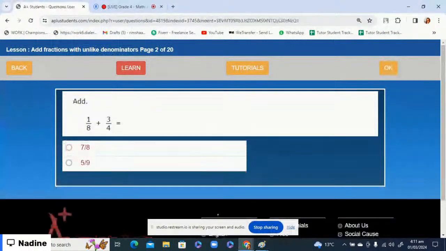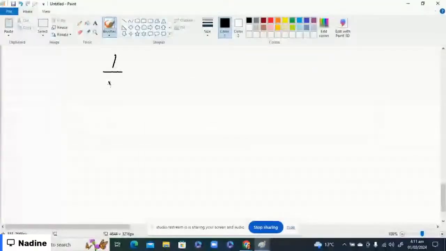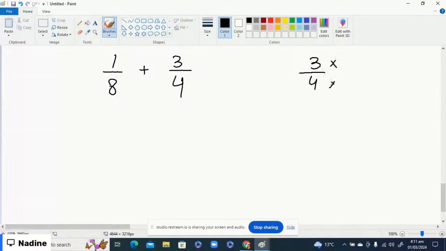Okay. 1 by 8 plus 3 by 4. Let's solve that one. 1 by 8 plus 3 by 4. Now, which number are we going to choose firstly? 1 by 8 or 3 by 4? We choose 3 by 4. Multiply and divide with which number, then you get the answer here 8? We are going to choose 2 here.